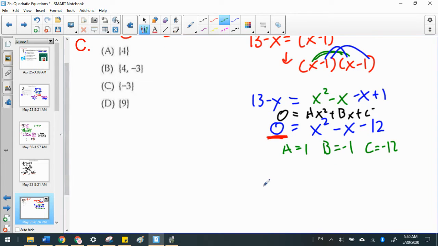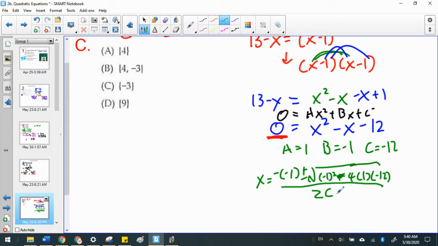And as I plug it into the quadratic formula of negative b, so it will be negative of negative 1 plus or minus square root of negative 1 squared minus 4 times 1 times negative 12, all divided by 2 times 1.